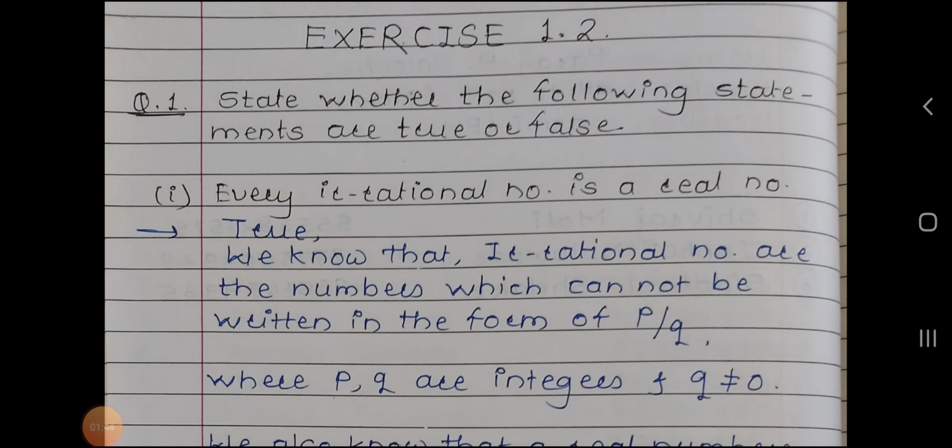Question number 1. State whether the following statements are true or false and justify your answer. First one is, every irrational number is a real number. First we consider irrational numbers and real numbers separately. We know that irrational numbers are the numbers which cannot be represented in the form of p by q, where p and q are integers and q is not equal to 0.